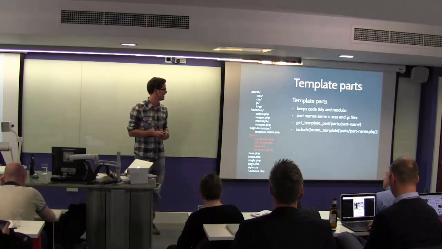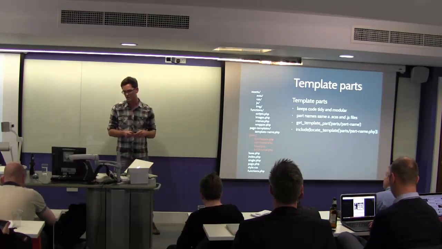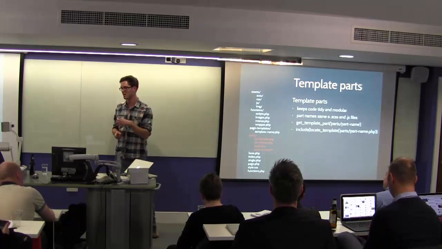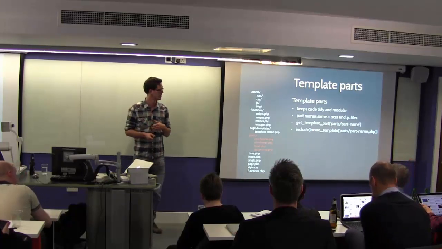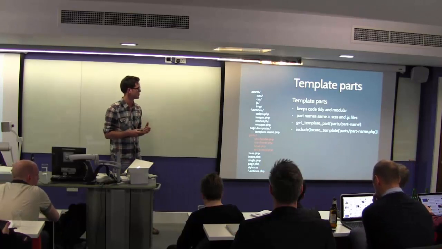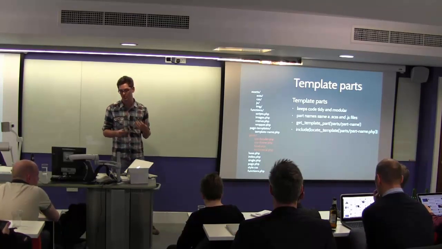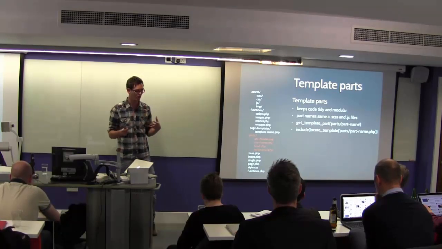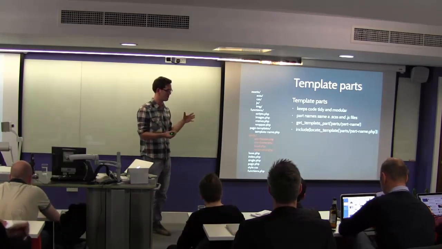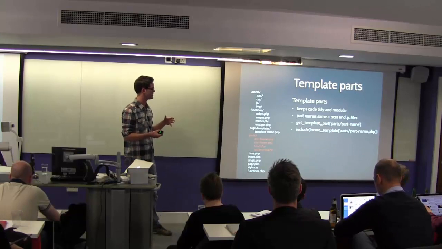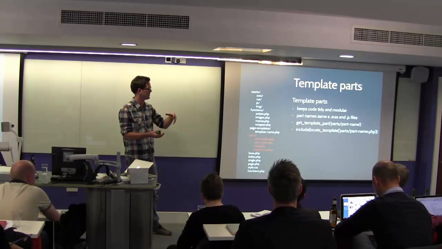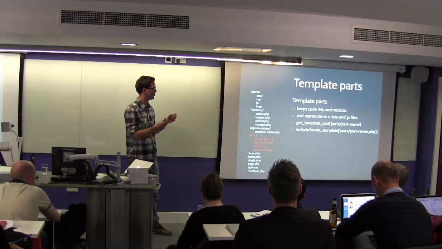Template parts. So this is where we can put the parts that make up the page templates. Again, it keeps things modular, reusable, keeps your code nice and tidy. By a part, it can be any part of a web page. It could be something as big as a blog content area, or something as small as a page header section.